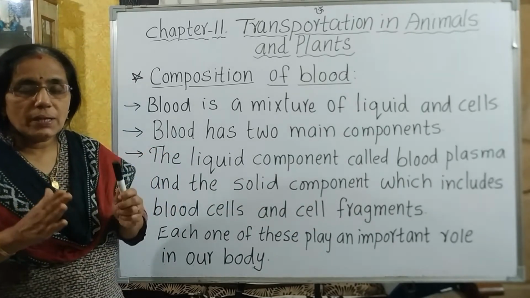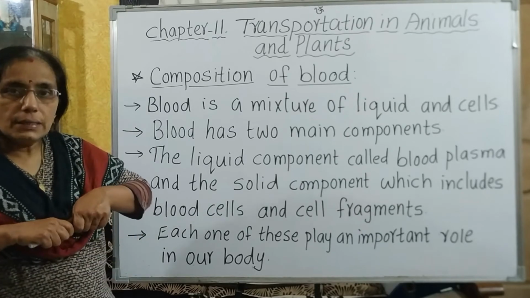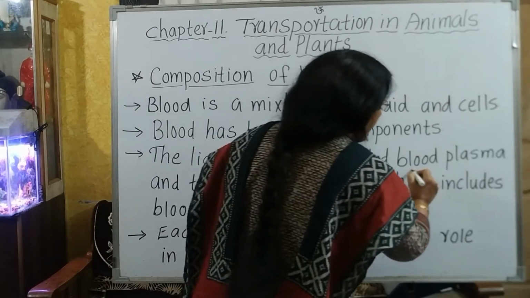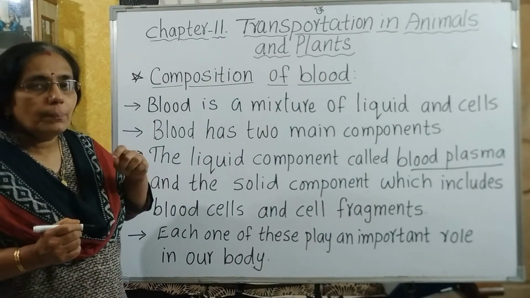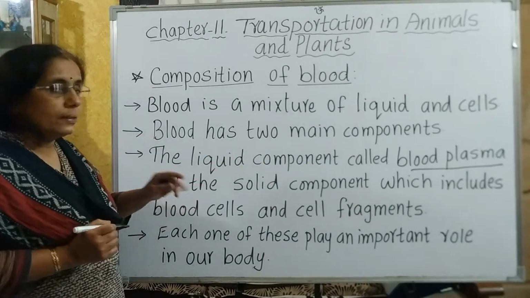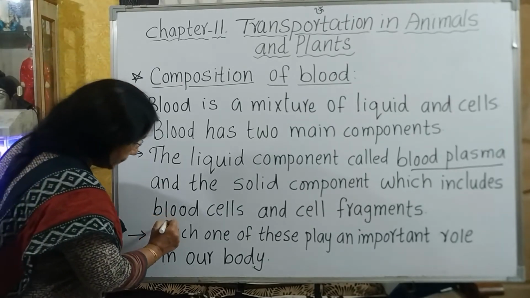So, what does blood contain? Blood contains two important parts. One is the liquid part. That liquid part is known as blood plasma. So, the liquid or the fluid part of the blood is known as blood plasma, and the solid part contains blood cells and cell fragments.